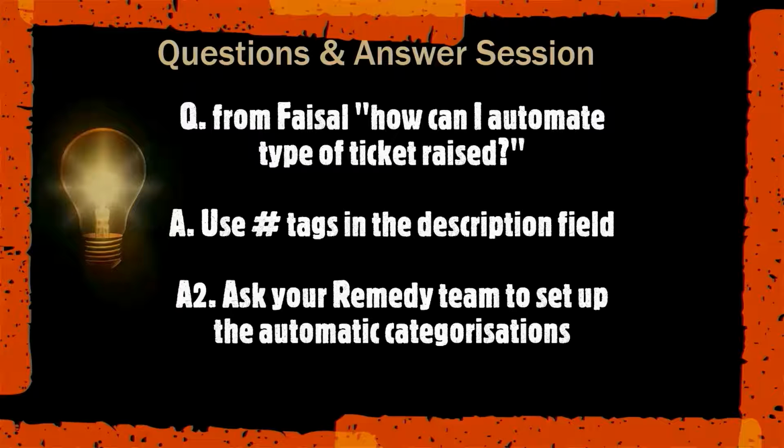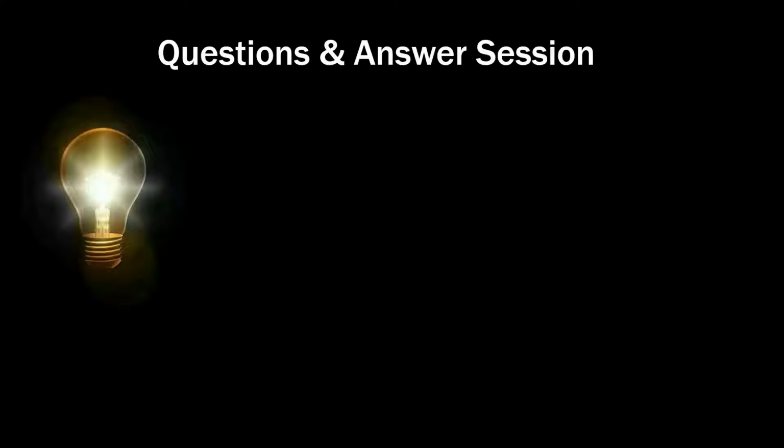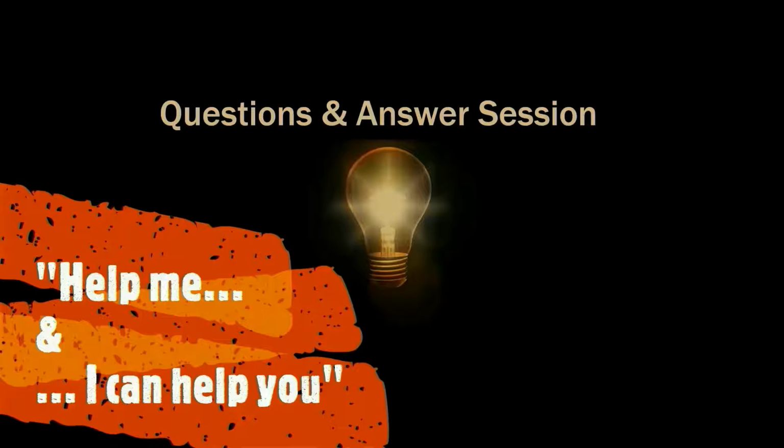So I want anyone who raises a ticket to follow this standard, and you have a sheet of maybe 20, 30, 50 terms, and you say, whatever the nature of the problem is, I want the ticket to start with #network, #server, #CPU, #DASD, whatever the specific for your company would be. You want those standards followed. When a ticket's raised, you want to make sure that the categorization is correct. So you need to push back on those teams and say, I want these changed so that I can do better problem management.